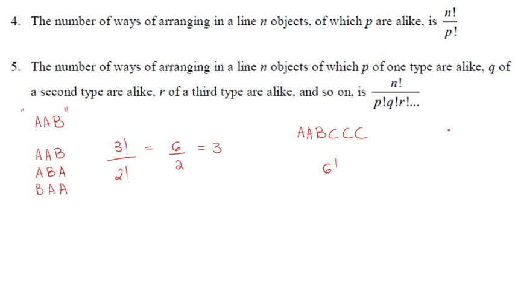So that's 6 factorial, divided by, we have 2 A's, so 2 are alike. We only have 1 B, so we're okay with that. But we have 3 C's, so we also need to divide by 3 factorial. And we would calculate that and get 60.